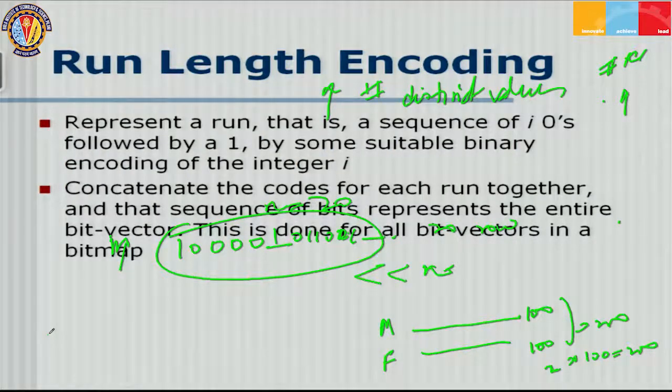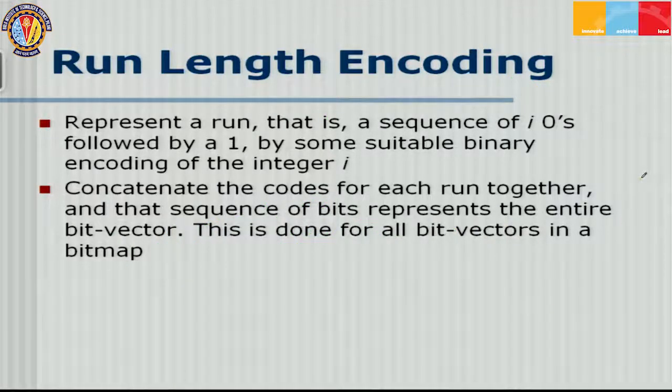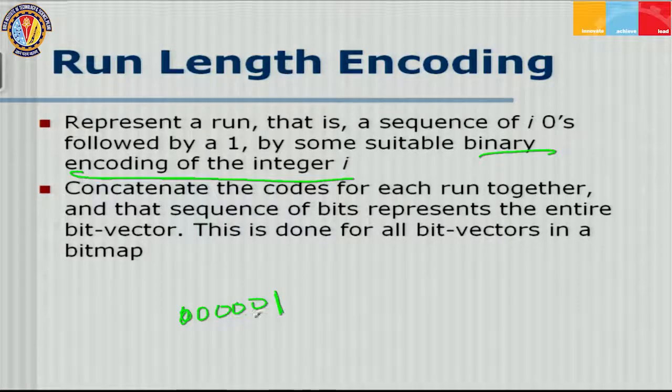Represent a run, that is, a sequence of i zeros followed by a 1, by some suitable binary encoding of the integer i. Suppose you have 1 2 3 4 5 zeros, terminated by the appearance of the other symbol.